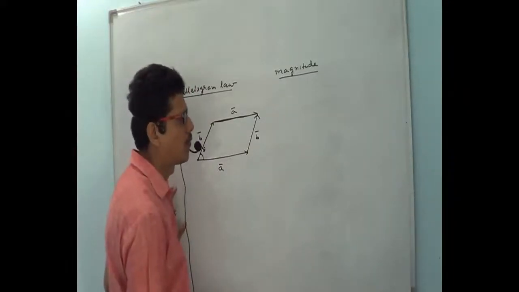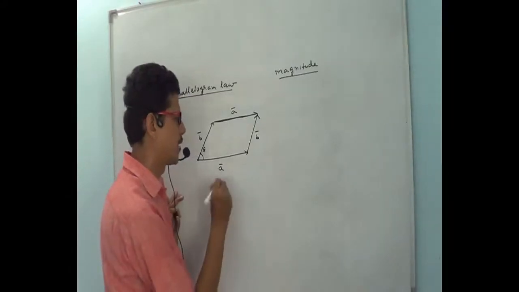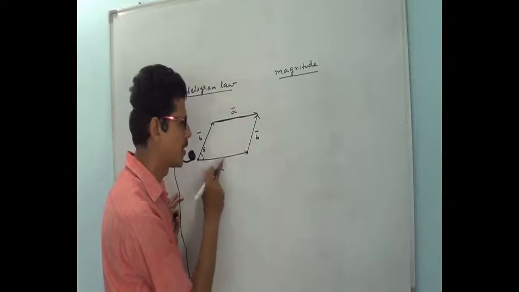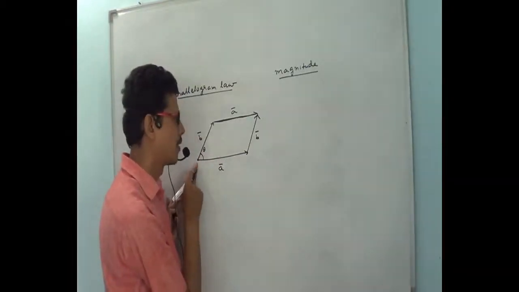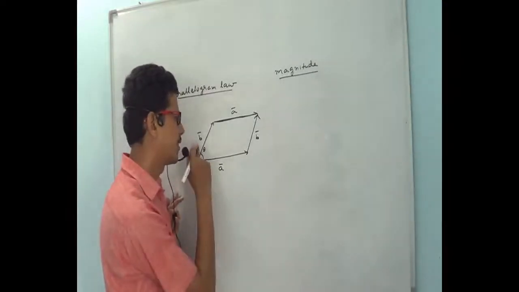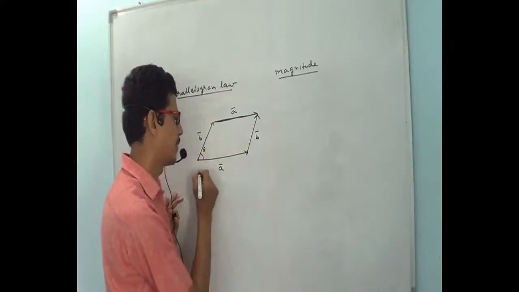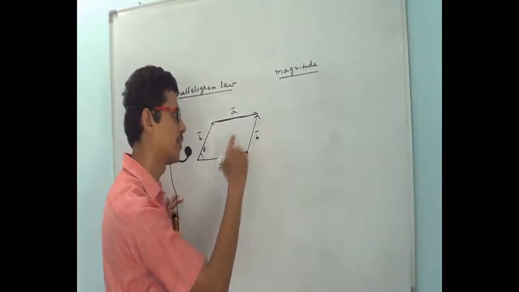So the parallelogram law of vectors can be given like this. If two vectors A bar and B bar represent the adjacent sides of a parallelogram drawn from a point, then the resultant of those two vectors is the diagonal of the parallelogram drawn from the same common point. Actually, a parallelogram has two diagonals. This is one diagonal and this is the other.